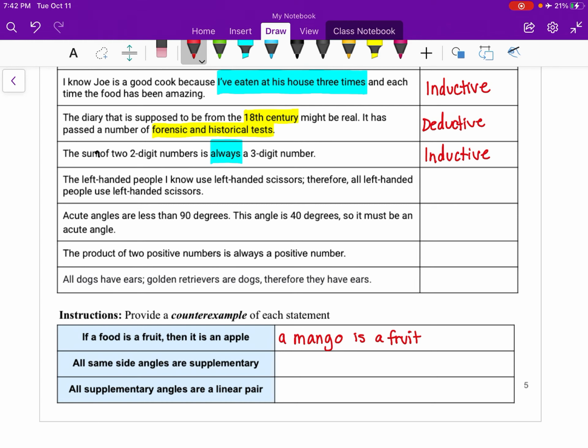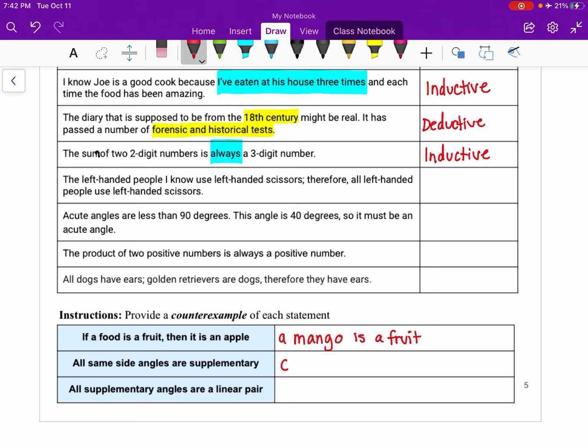So let's try it with the second statement as well. The second statement says, all same side angles are supplementary. What we want to do is try to think of a type of same side angle that is not supplementary. Now, from my knowledge, there's only one type of same side angle that is not supplementary.